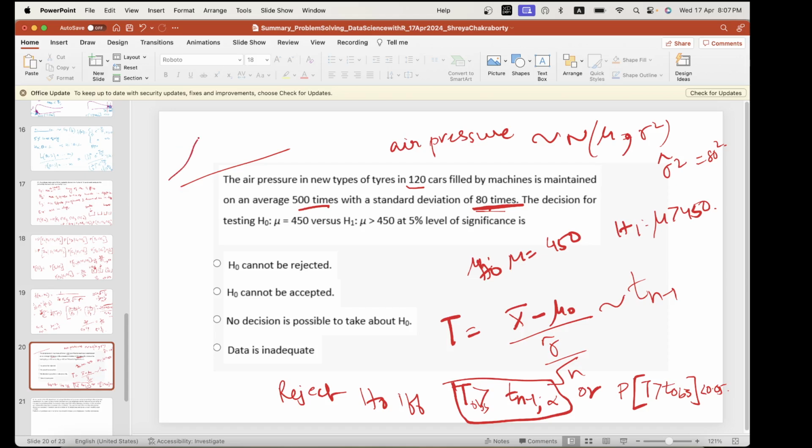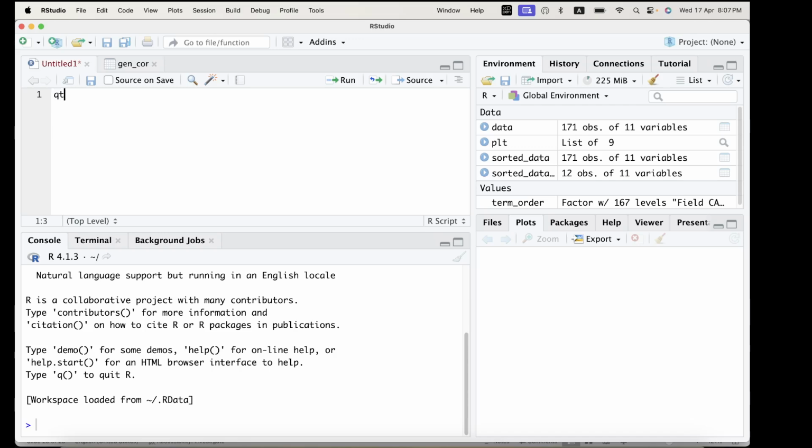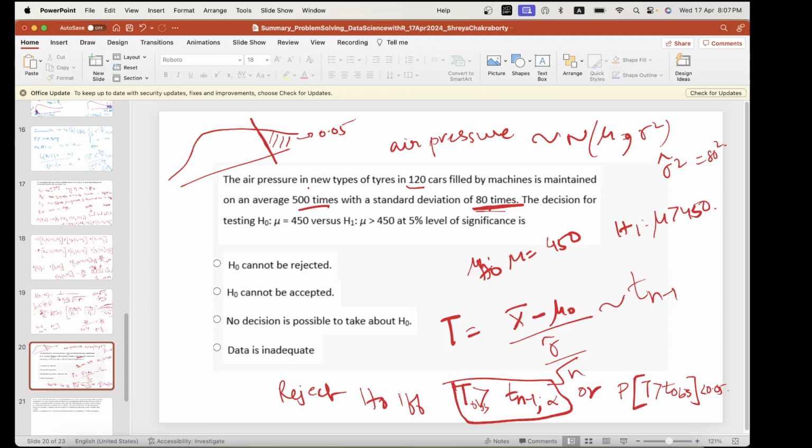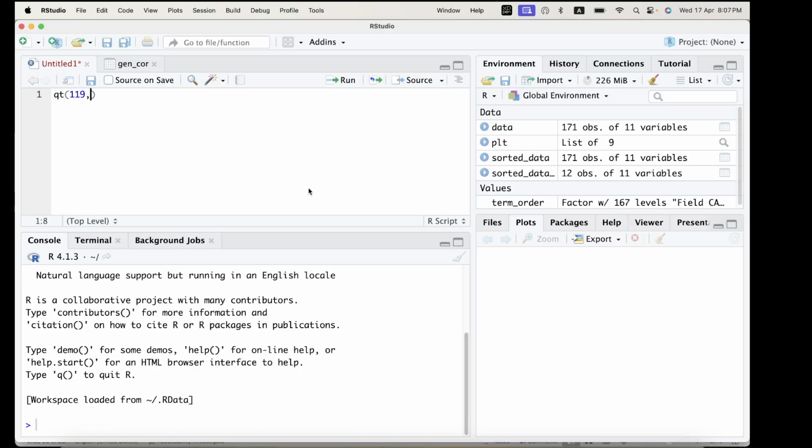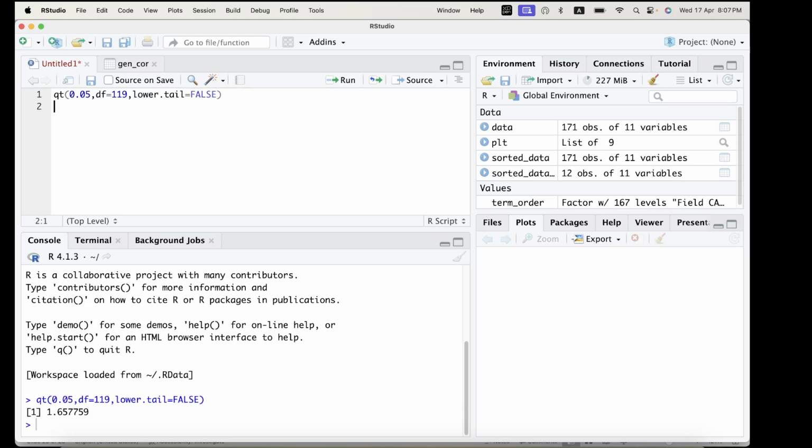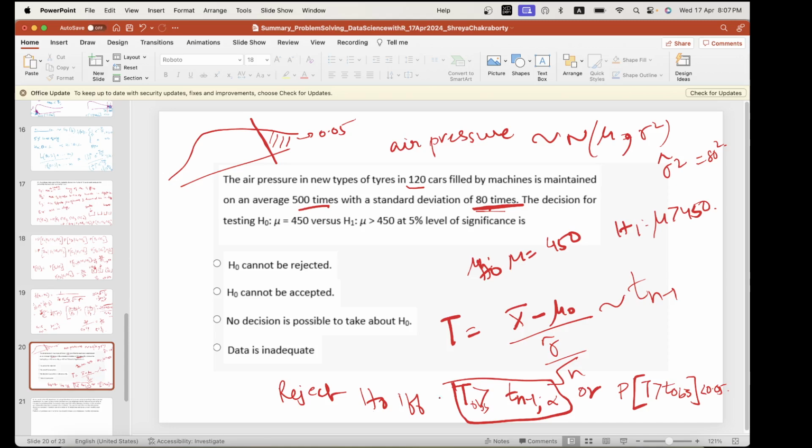This t is also a symmetric distribution, so it should be that point above which 0.05 area lies. So we have to give qt, first 0.05, then df equal to 119, and then lower.tail equal to false. So this point is 1.65.